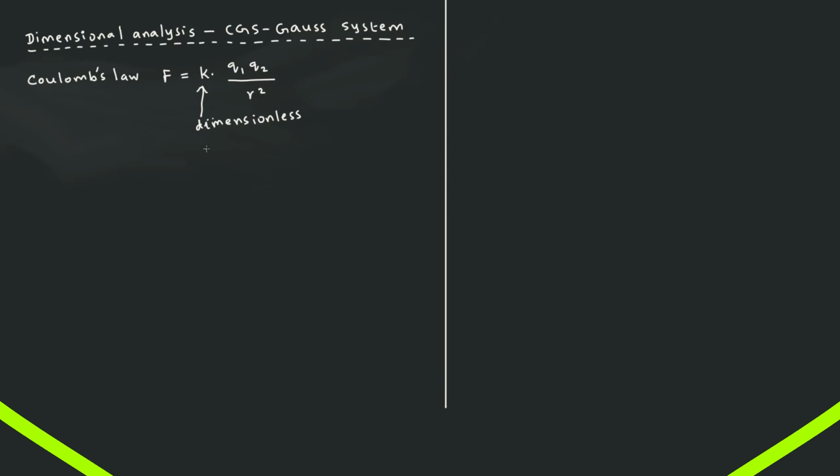So till now, what we have seen is that in the case of the CGS Gaussian system of units, the constant of proportionality in Coulomb's law happens to be a dimensionless number, and in particular it has been fixed a value of 1. That is what we have seen.